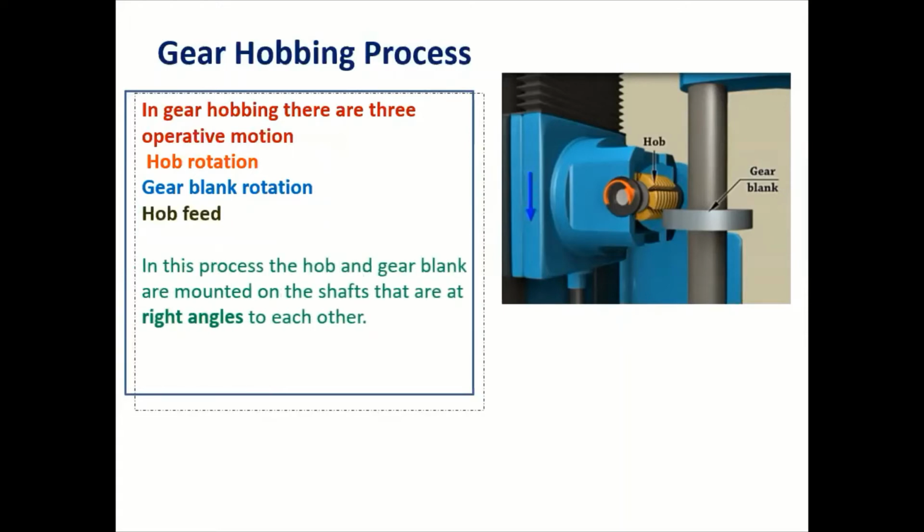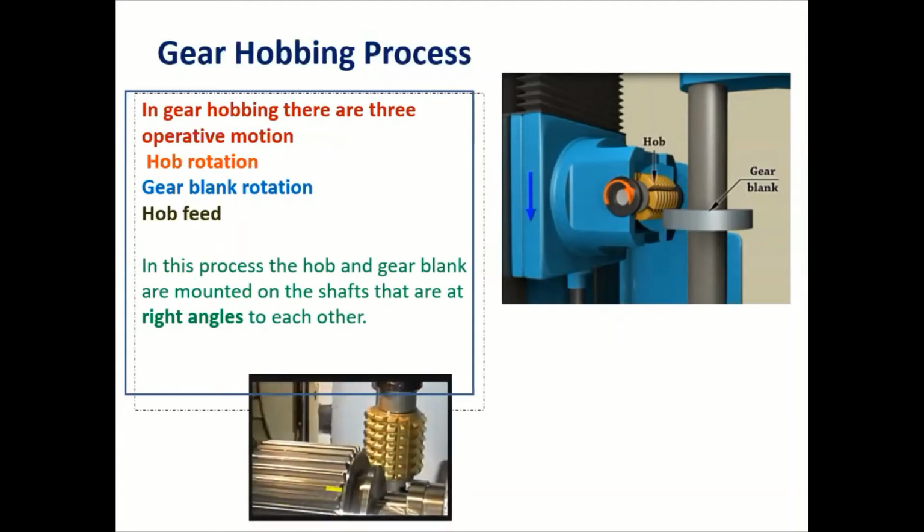In this process, the hob and the gear blank are mounted on shafts that are at right angles to each other. You can see in this diagram, this is the axis of the gear blank, and the red one is the axis of the hob, and they intersect each other at 90 degrees. The hob axis may be either horizontal or vertical.